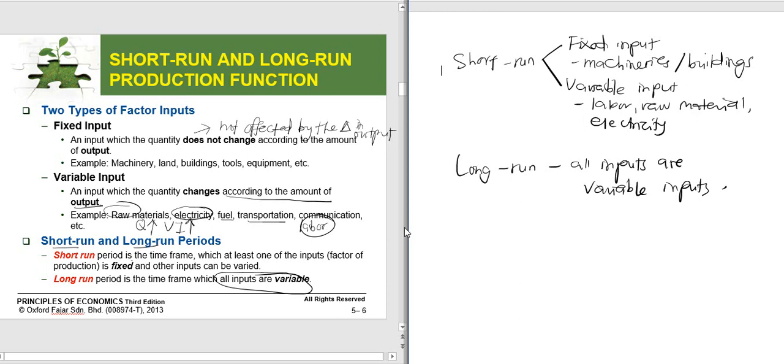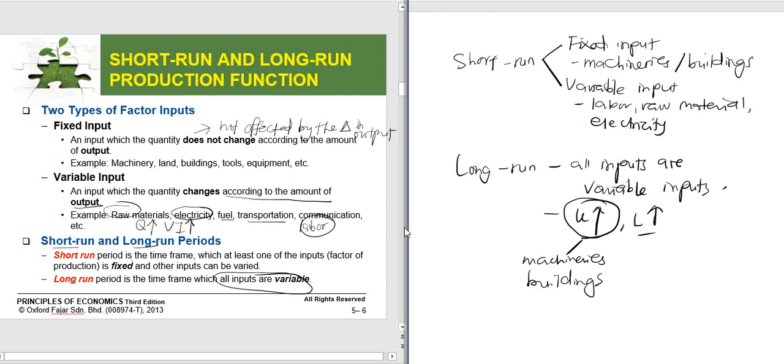Okay, for example, you can increase the number of capital, and then you can increase the number of labor. So both now become variable, including capital. Capital means machineries, capital goods or capital inputs, or buildings.